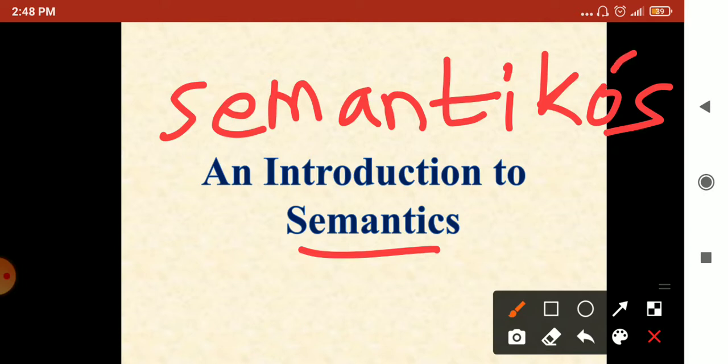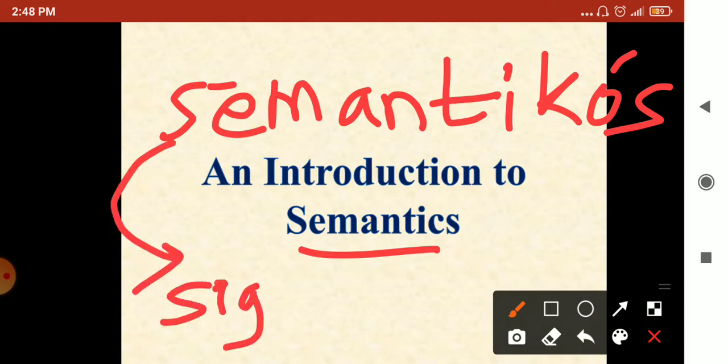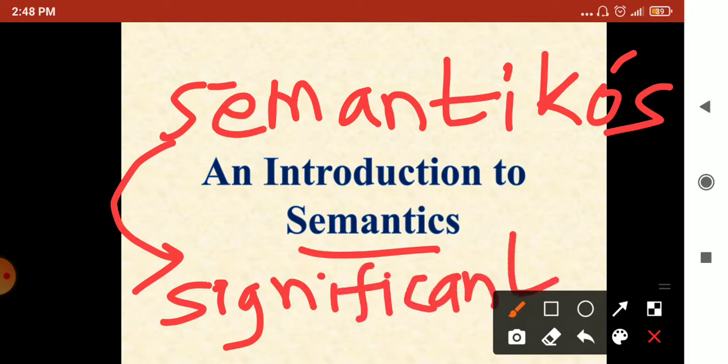But this is the word semantikos. The word comes from a Greek word semantikos, which means significant. So literally semantikos means significant. Semantikos means significant, and semantics, the English word, comes from the Greek word.